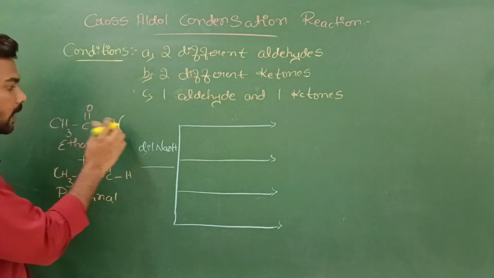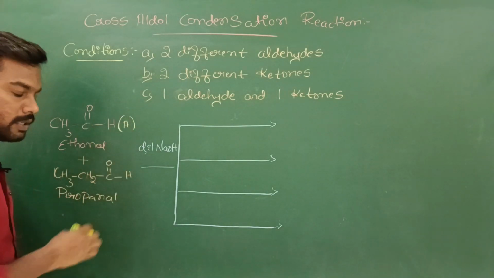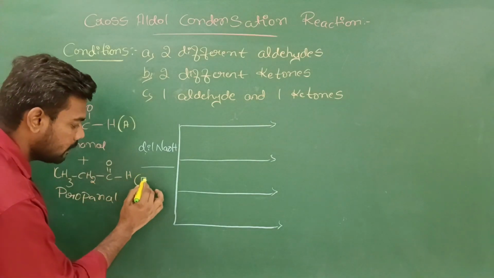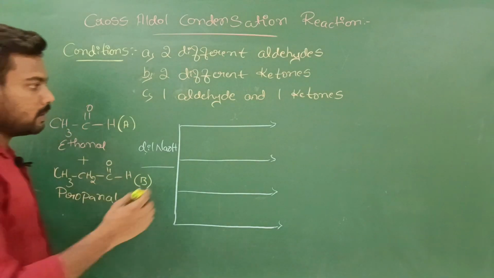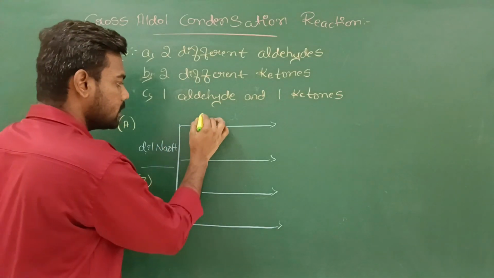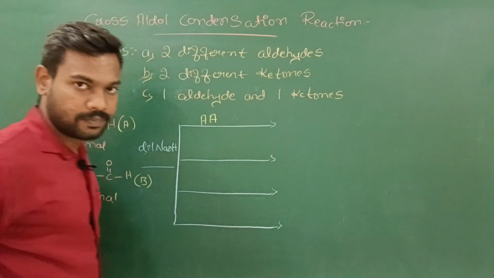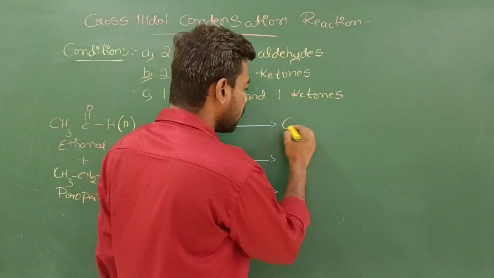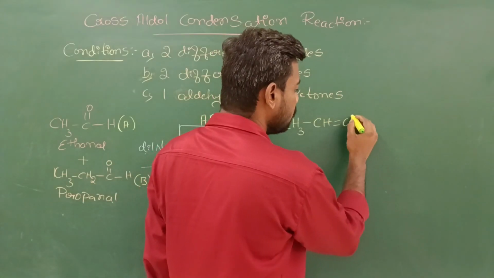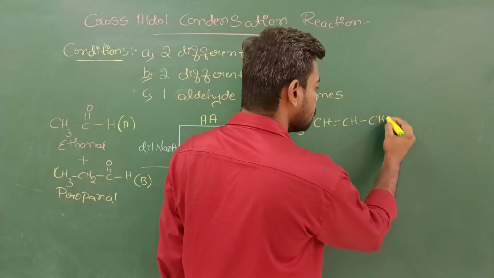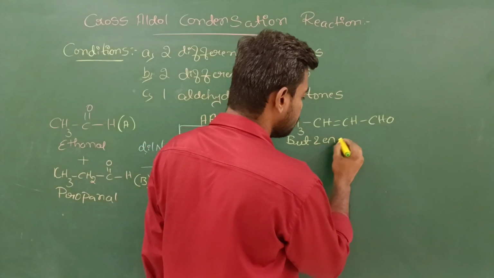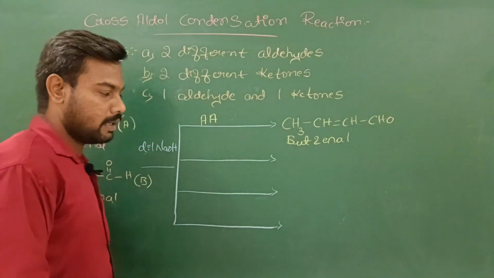If I consider ethanol as reactant A and propanol as B, this ethanol undergoes self-Aldol condensation, that is A and A, to form a compound known as but-2-enal.